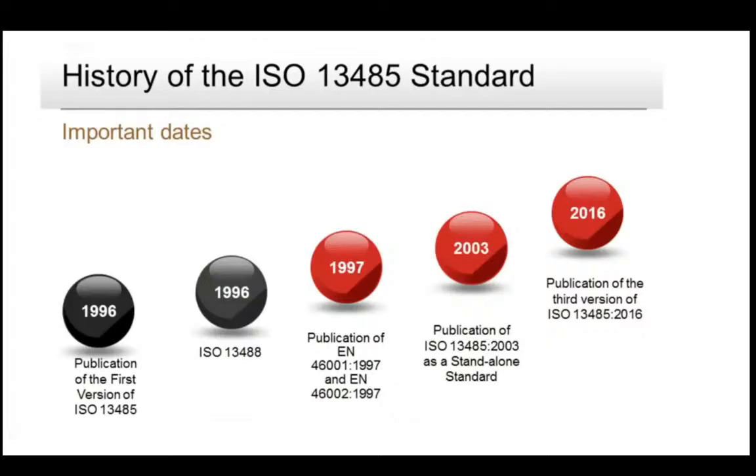Then moving forward in 1997, they published EN 46001 and 46003, which specified the additional requirements for quality systems used in the manufacturing of medical devices. So if you are manufacturing your medical device, these are additional things that you can deploy.